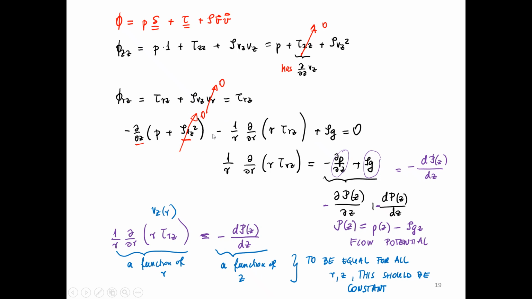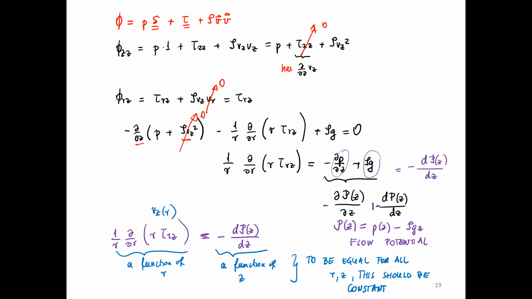A lot of things go to 0 because either the velocity component that I'm looking at is 0 or the derivative with respect to a coordinate of a velocity component is 0. So Vr is 0, and dVz/dz is 0 because I don't have dependence on z.